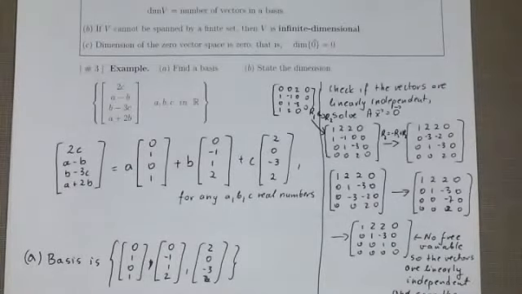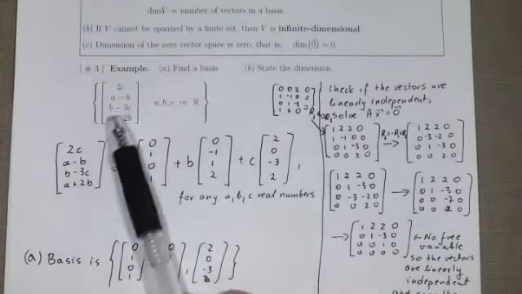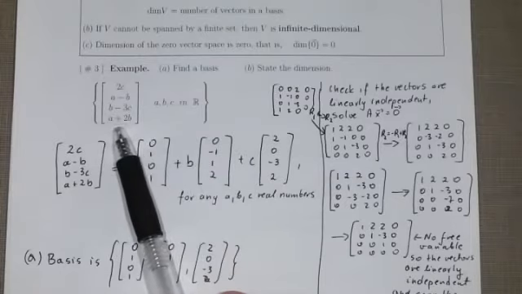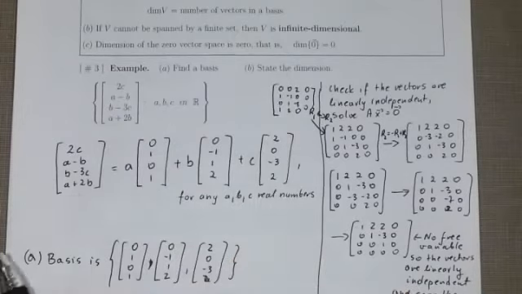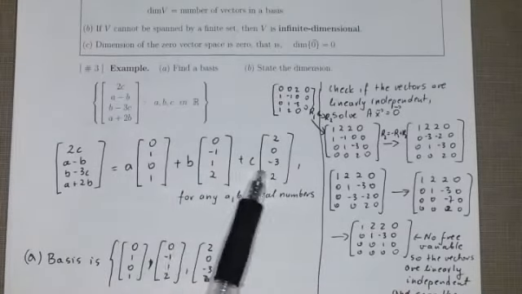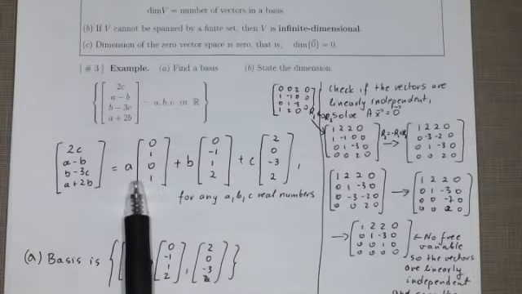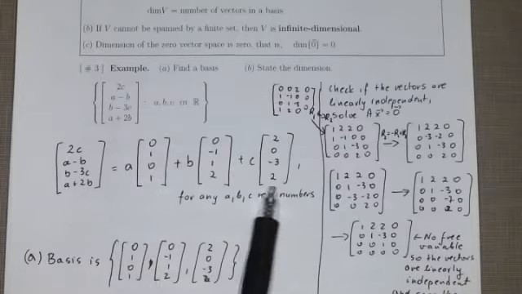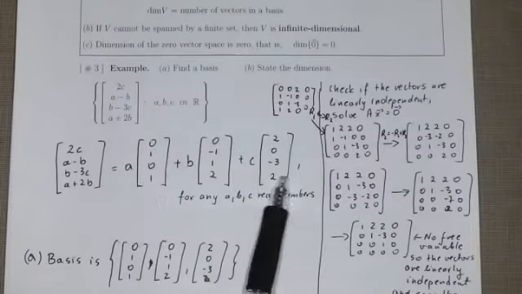We have example number 3 from the textbook. Find the basis of this set of vectors and state the dimension. So we're going to rewrite this vector using a, b, and c. If I separate them, I have the spanning vectors. So this is the span.